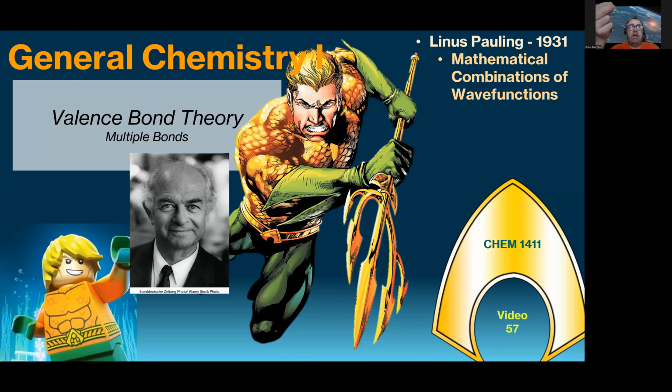So whatever the geometry is, that's what the central atom's hybrid orbitals are, or the hybridization. What I want us to get into now is to think about multiple bonds and different types of bonds, and we can come at this from a valence bond theory perspective.